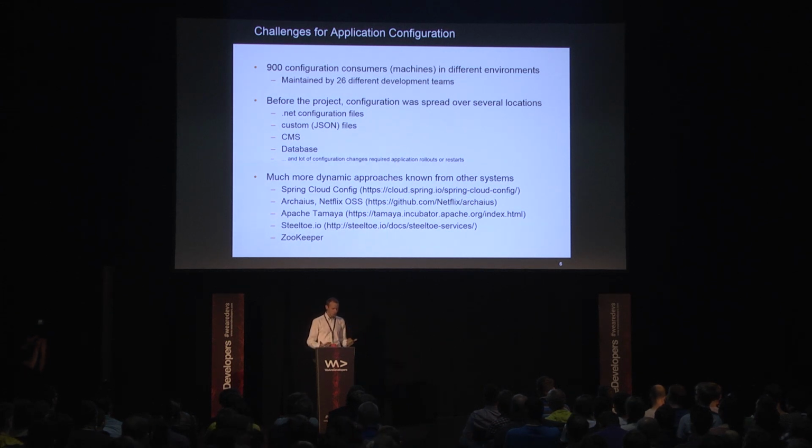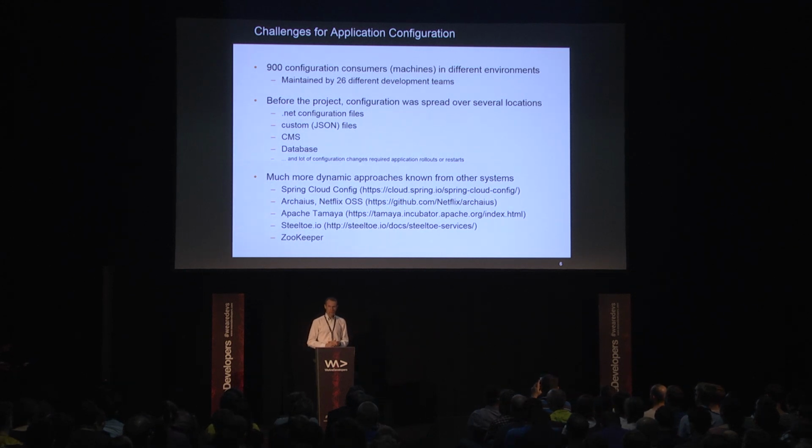And a lot of these changes for the applications required restarts or rollouts. So this was quite a tricky setup for the applications that didn't have their dedicated back offices, and we knew we can do much better.